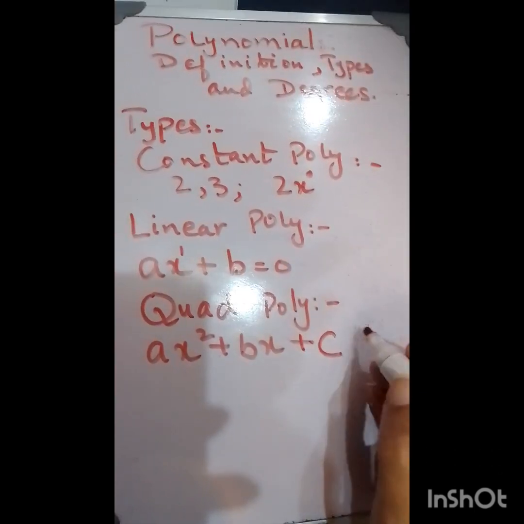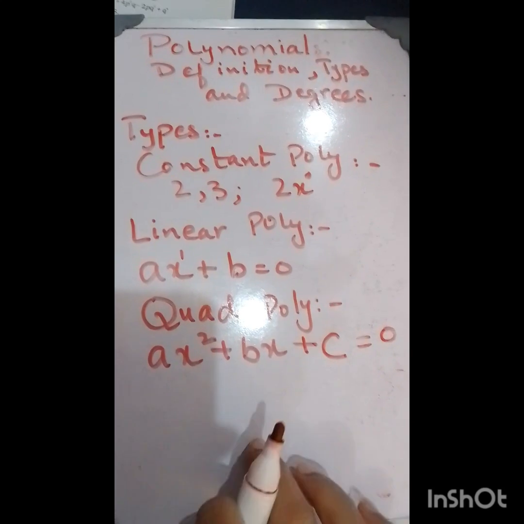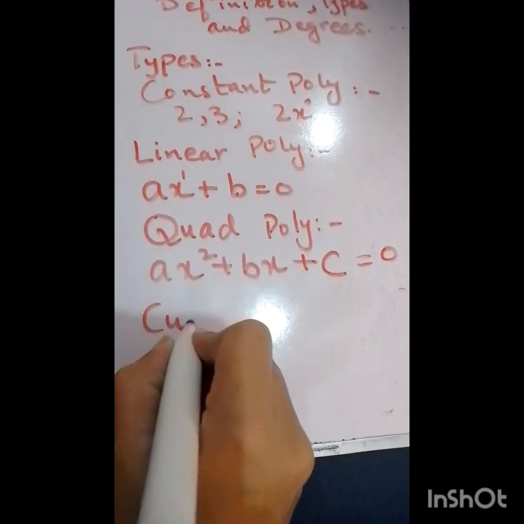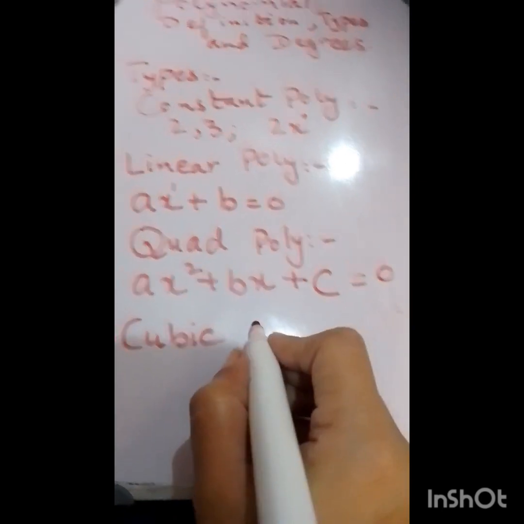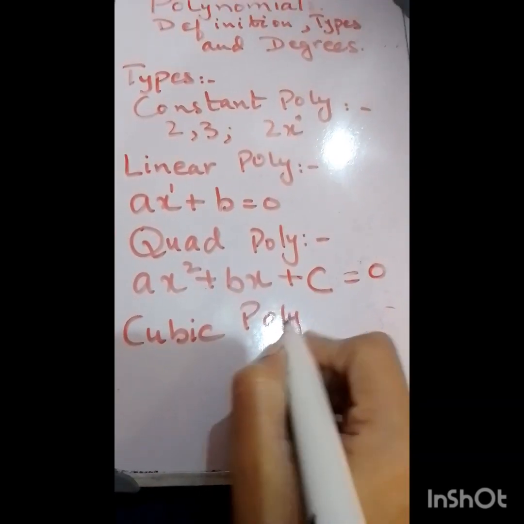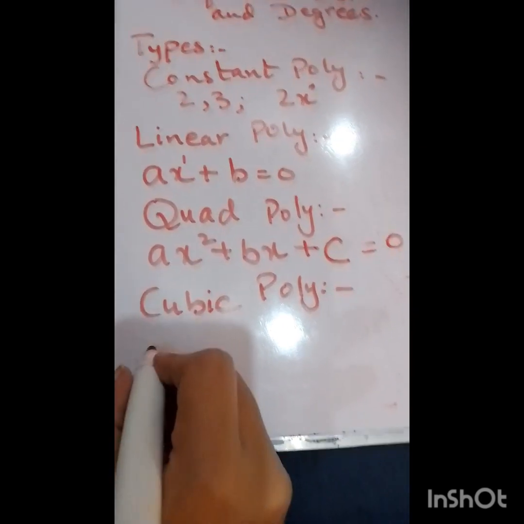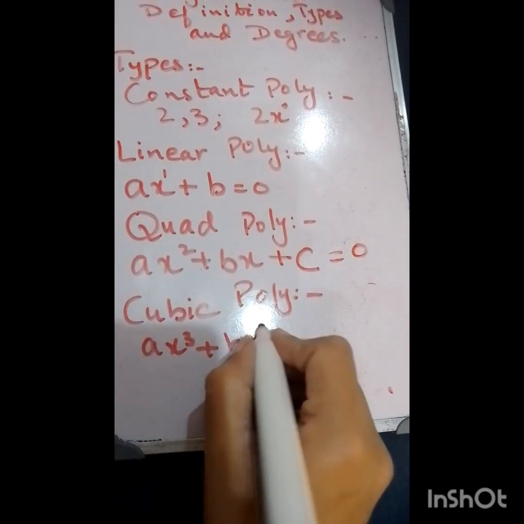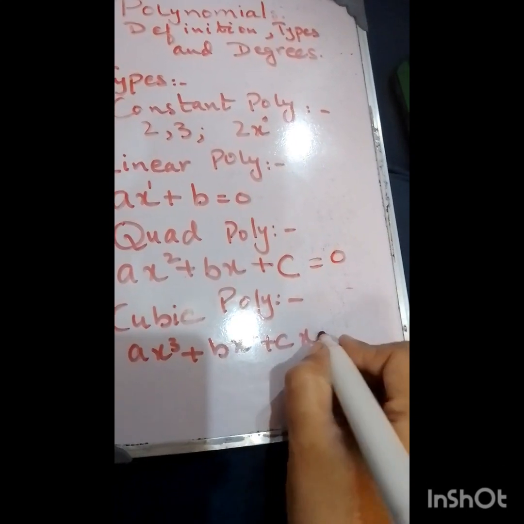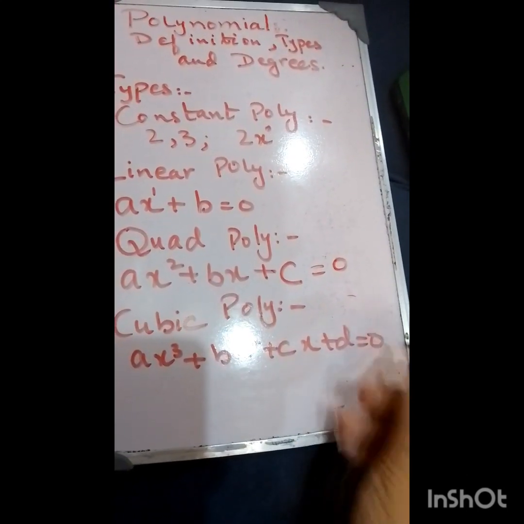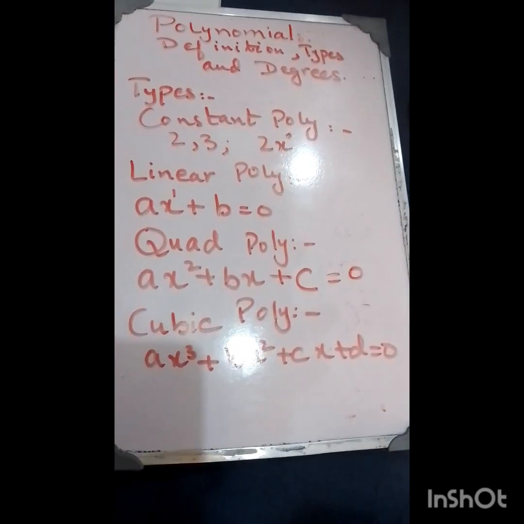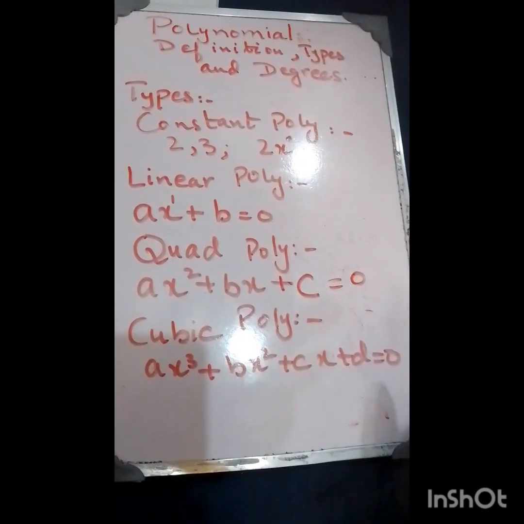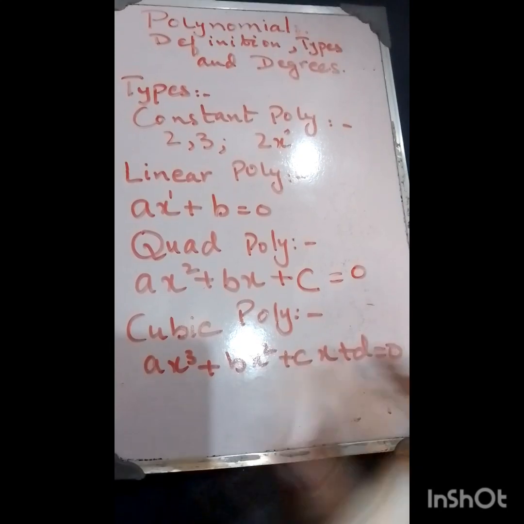So it is a quadratic polynomial. Then we have cubic. In cubic we have ax cube plus bx square plus cx plus d equals 0. So these are the types of polynomials: constant, linear, quadratic and cubic.